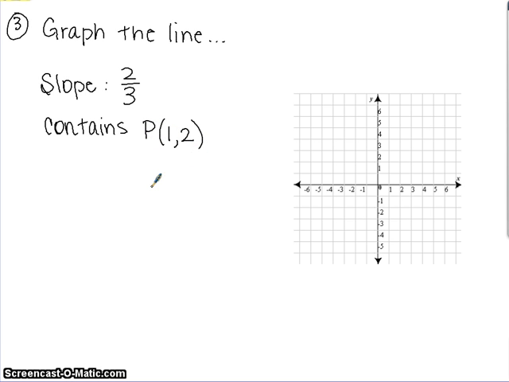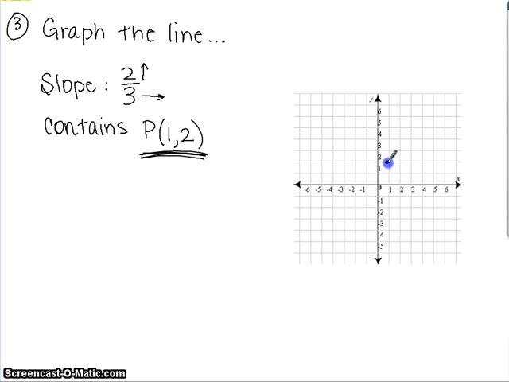Okay, so this is again going back to some algebra. Remember that you always start with the point that you have. Sometimes that's the y-intercept, but in this case it's just another point on that line. So 1, 2 is the point that we're going to start with. Now from there we're going to use our slope. It's positive, so we're going to go up 2, to the right 3.